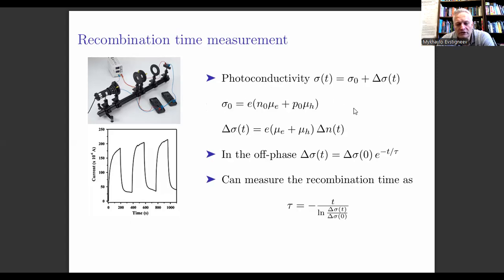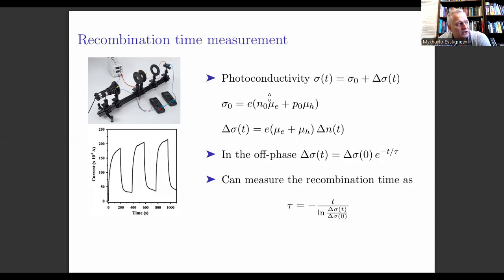So actually you can measure the photoconductivity, that is the conductivity delta sigma, which is due to light. The net conductivity is given by the general formula, which consists of the electron and hole contributions. So e, the elementary charge, times the concentration of electrons multiplied with the electron mobility plus concentration of holes multiplied with hole mobility, close the brackets.